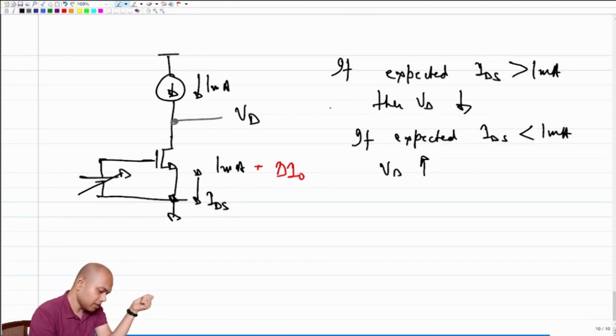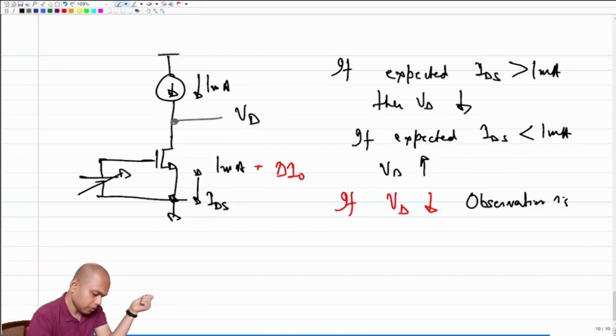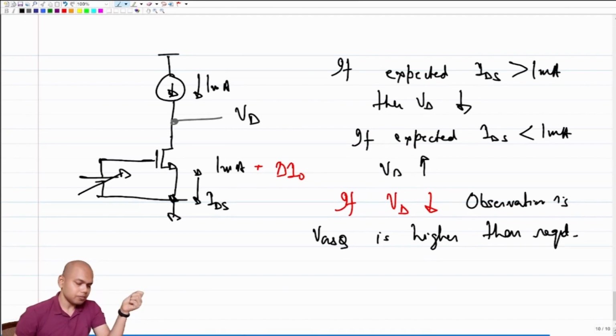So if I take this example, what is the observation? If VD is decreasing, the observation is your VGSQ is higher than required, right?